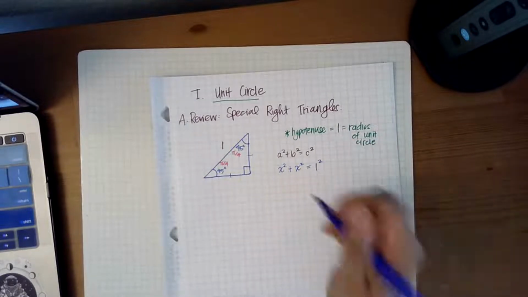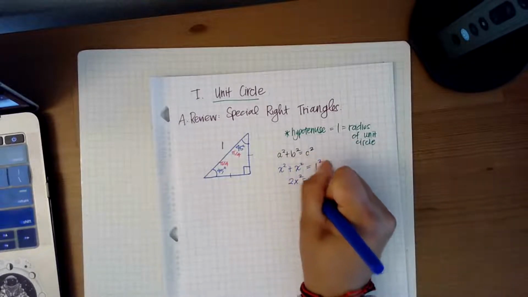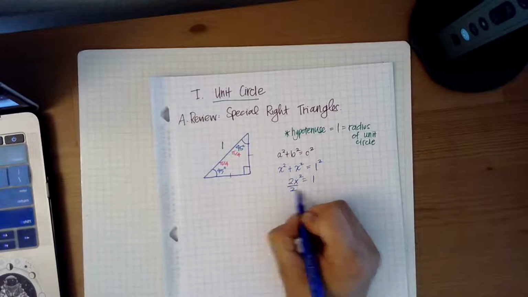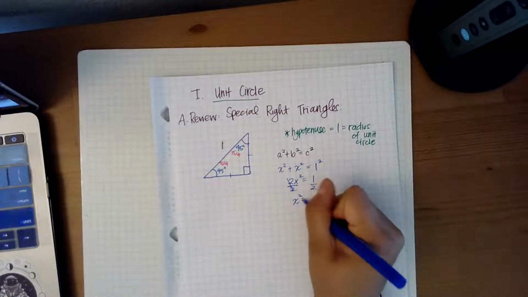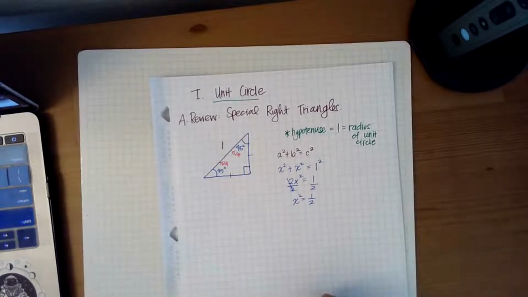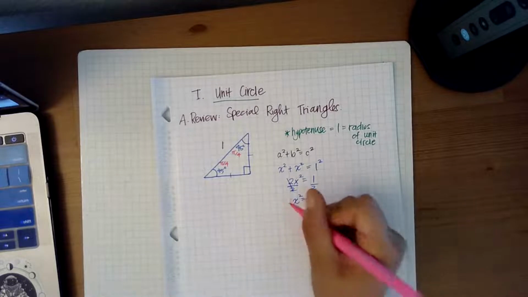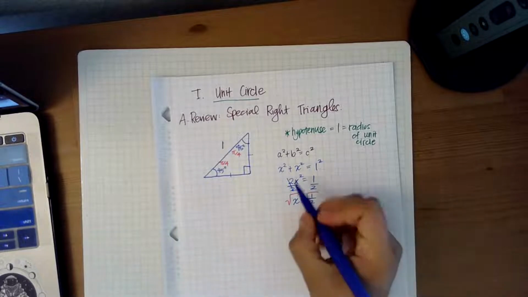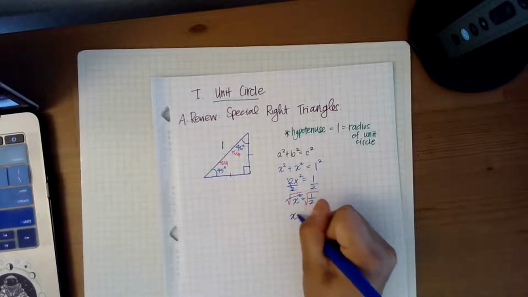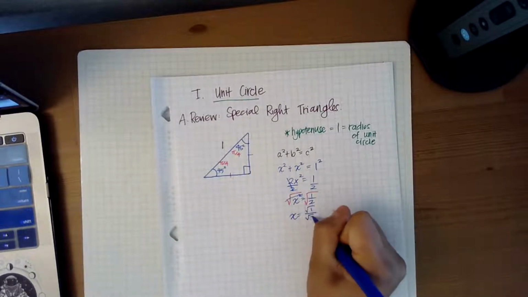x squared plus x squared gives me 2x squared is equal to 1. Divide both sides by 2. I have x squared is equal to 1 over 2. Now, the inverse property of a square means I'm going to square root both sides, and by doing that I cancel out the squares. So I have x is equal to radical 1 over radical 2.